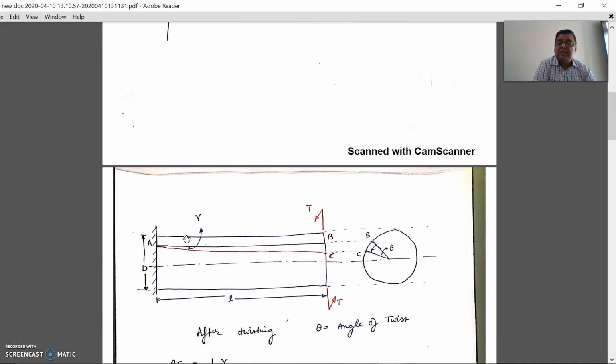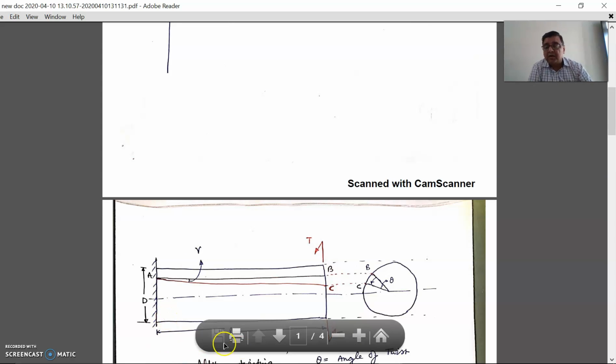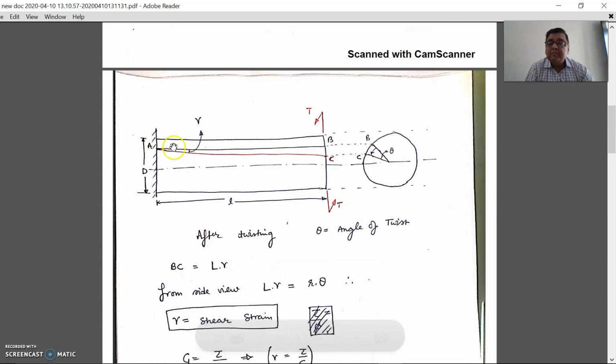Let us see the case for it. In this case, this is the shaft, and in this shaft we draw one line AB, and this is the side view of the shaft, and the point B is marked on the front view, right?